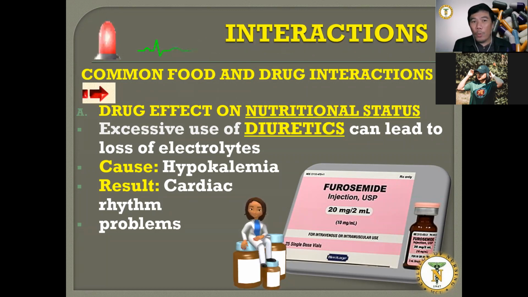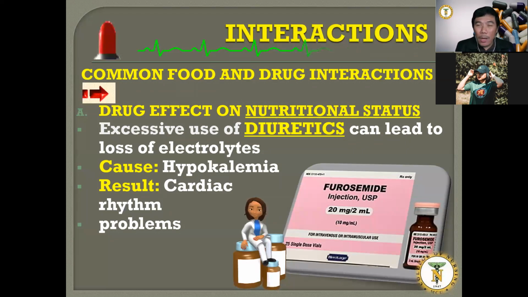But removing the excess fluid of the body may affect one electrolyte which is very important to the body, and for the muscles as well, muscles of the heart and skeletal muscles. The possible effect of diuretics and loss of electrolytes such as potassium is hypokalemia. Hypo, decrease, kal, potassium, emia, blood.